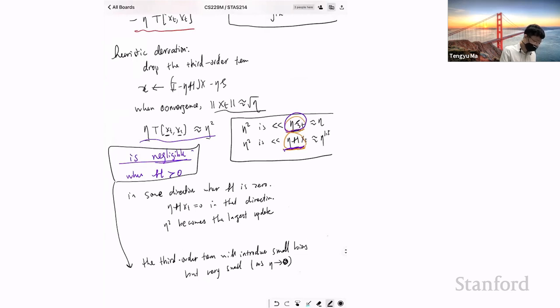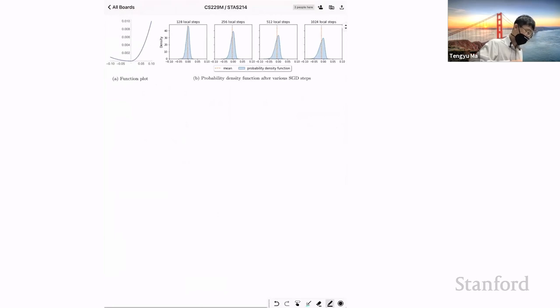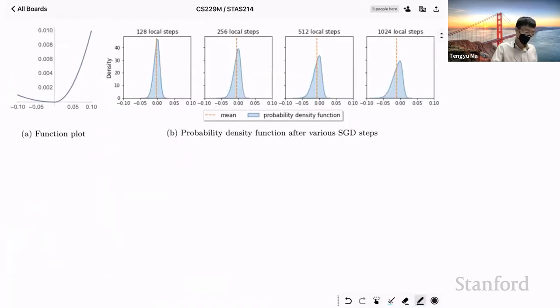And I have some figures here. Yes, so I have this figure. Let me see whether you can see it. This is a little bit small, I guess. Maybe this way. So the function is a one-dimensional convex function.